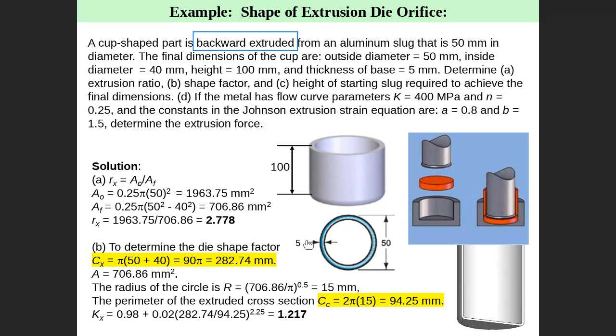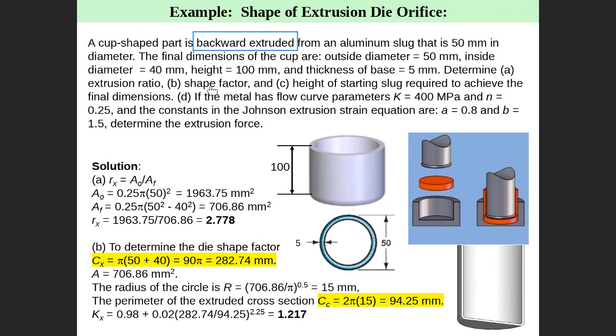AF equals pi divided by 4 times (50 squared minus 40 squared). Then you obtain Rx. This is the first question.